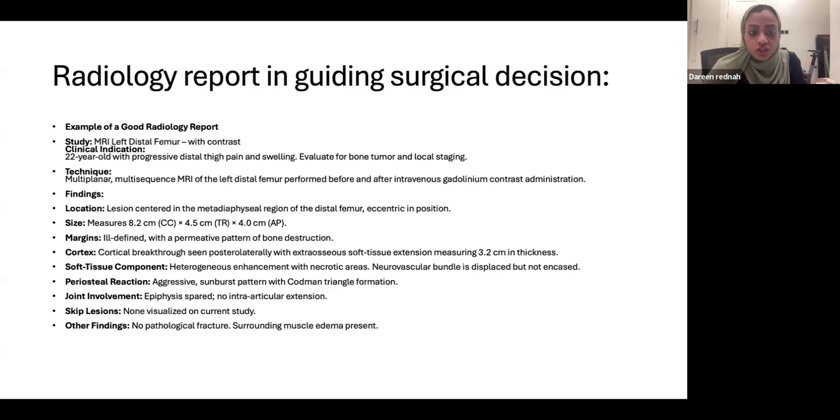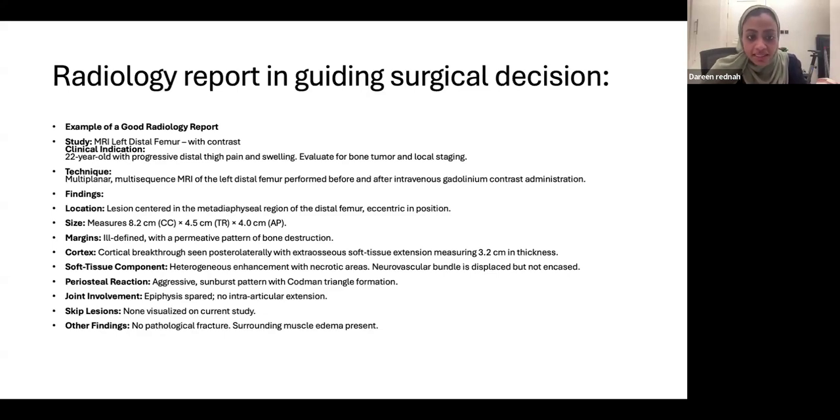Soft tissue component: heterogeneous enhancement with necrotic area, neurovascular bundle is displaced but not encased. That means the neurovascular bundle can be dissected from the tumor. When it's said it's encased, that means the plan changes, that we need a vascular surgeon, plastic surgeon to do a graft. See, the neurovascular bundle is displaced but not encased. It makes a big difference in planning the surgery with other specialties.